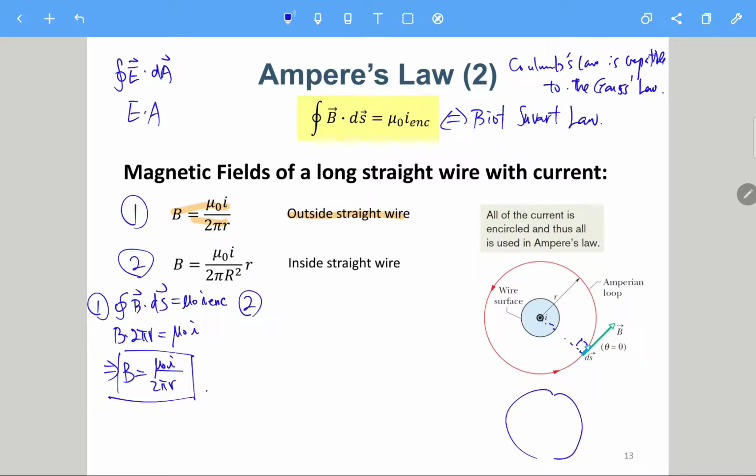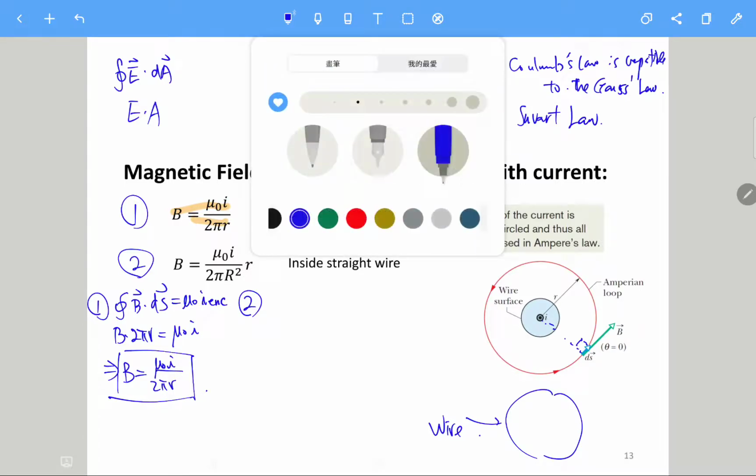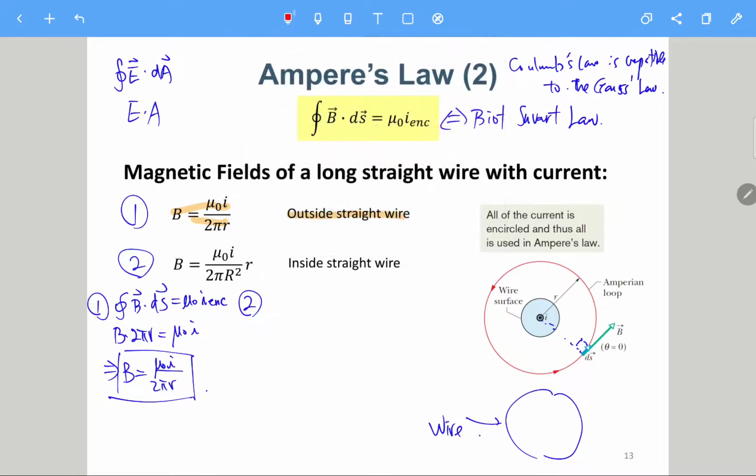If we assume this is the wire, now we define the Ampere loop.